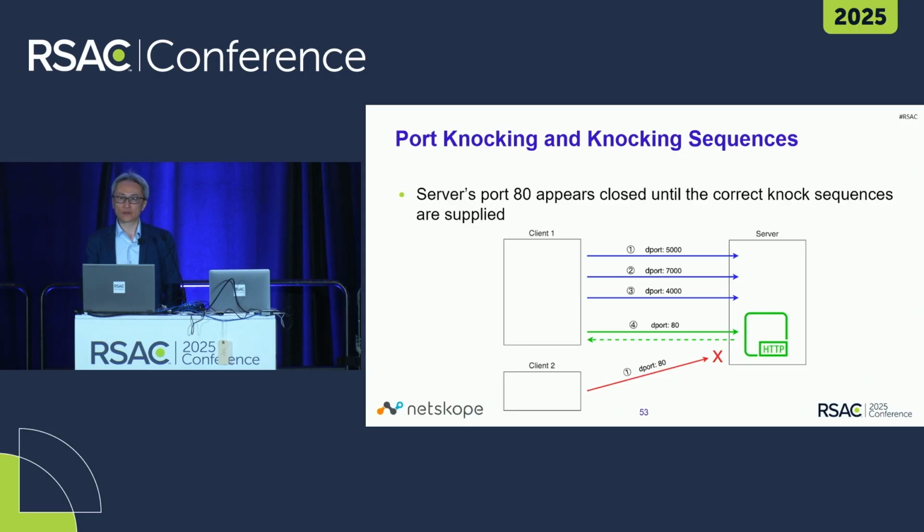When a client, like client 1, sends new connections to destination ports on the server in a very specific order, 5,000, 7,000, and 4,000, and that matches the sequence defined on the server side, the server will open a special protected port, say port 80, for client 1 to access.